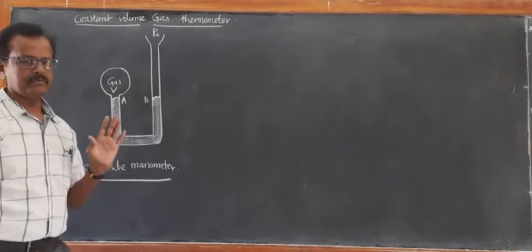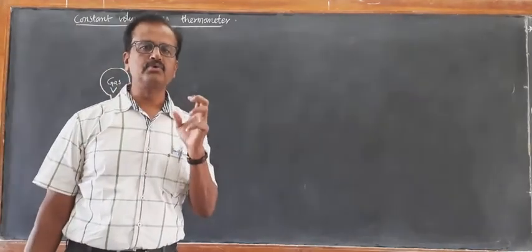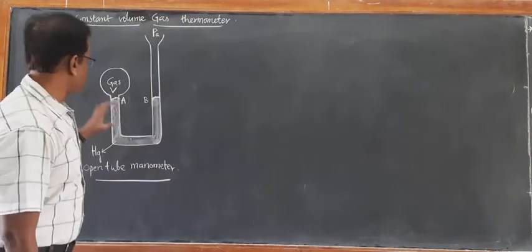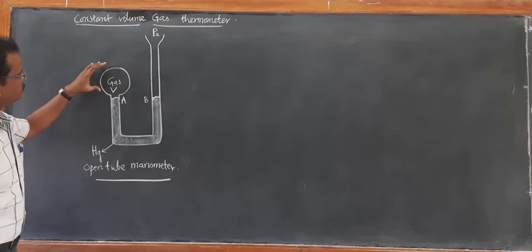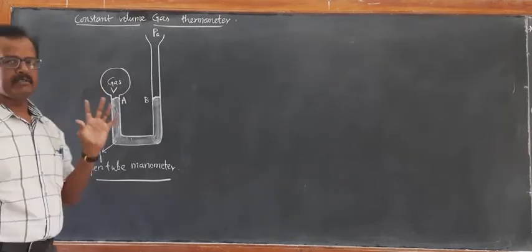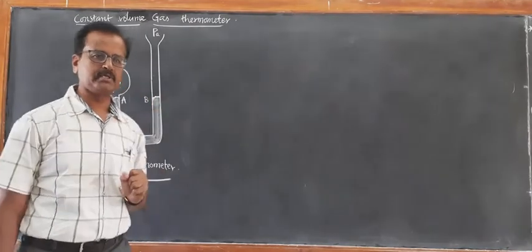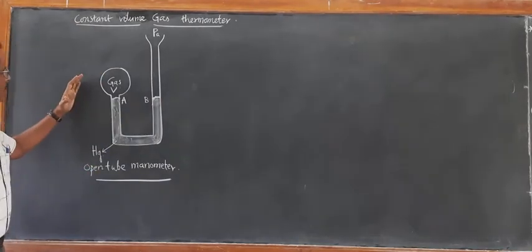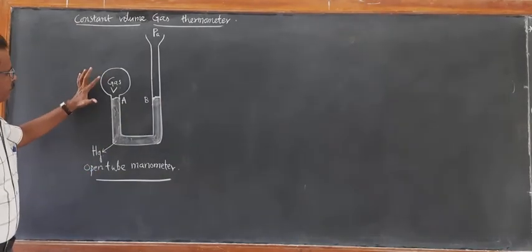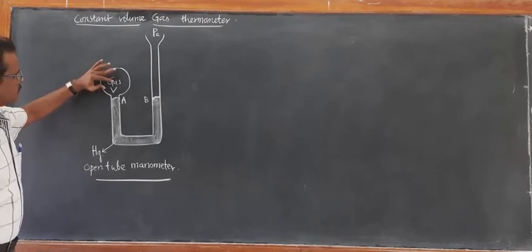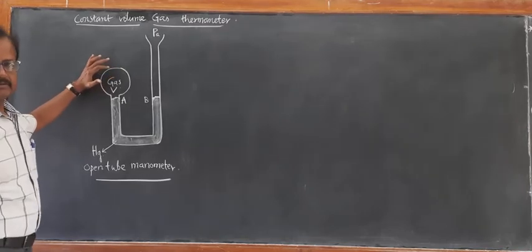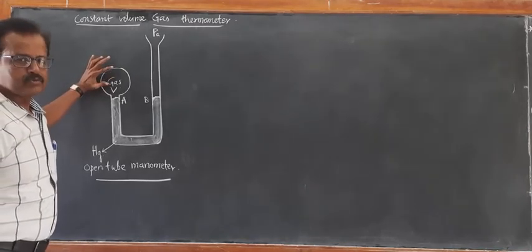The system whose temperature is to be measured is brought in contact with this limb. According to that temperature, as temperature rises, the gas starts expanding.